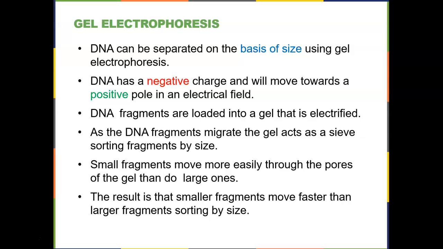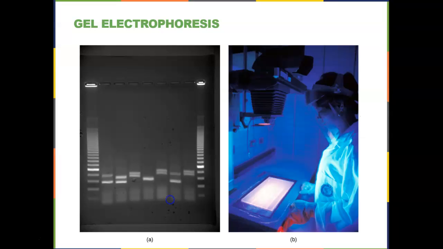You can cut out the DNA from the gel and isolate just the segments that you're interested in. And here is a picture again of performing that DNA fragment separation, and you can compare them to a known DNA ladder, which has fragments of various sizes.